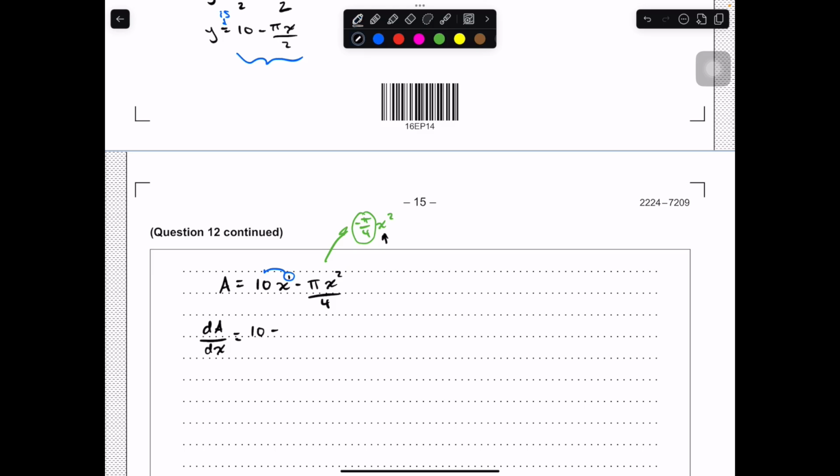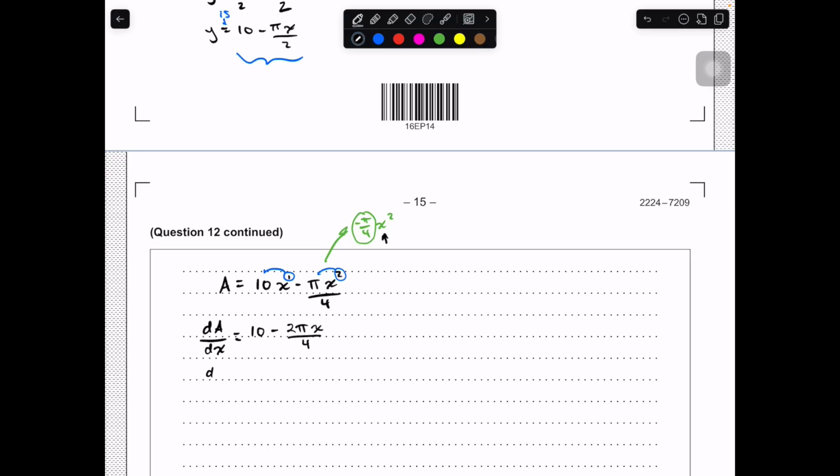So we've got this π out in front. We're going to take the exponent, multiply out in front, and so now it's going to be 2π. x used to be 2, now it's only 1, and we still have this 4 down here. Okay, and to be honest, that's a nice 2-mark question.